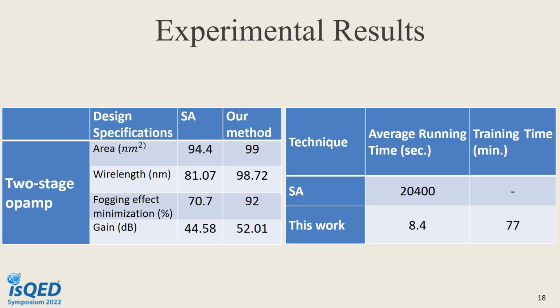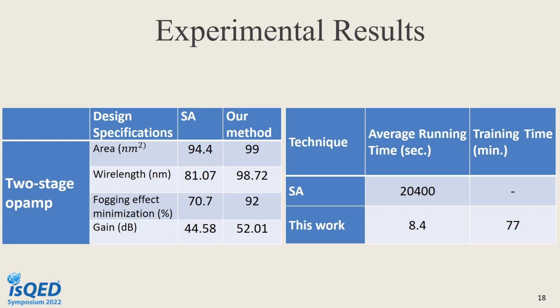So here is our experimental result in two sections. The first one is the performance and the second one is for the timing. It is for the 2-stage op-amp. As you can see here, our method in area and wire length is slightly worse than the simulated annealing method, but in minimizing the fogging effect variation, our method has 92% minimization of the fogging effect.